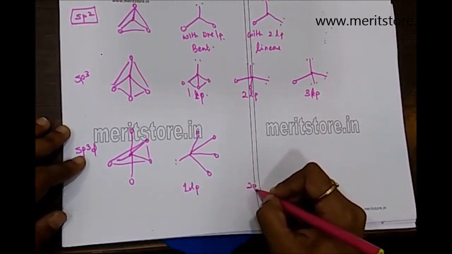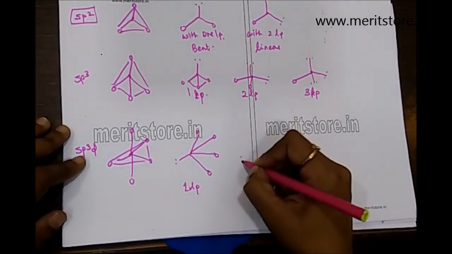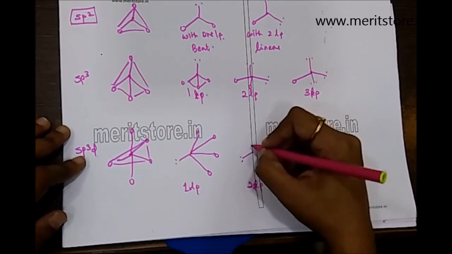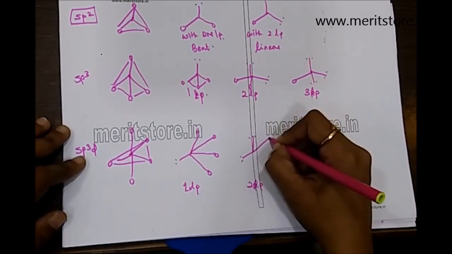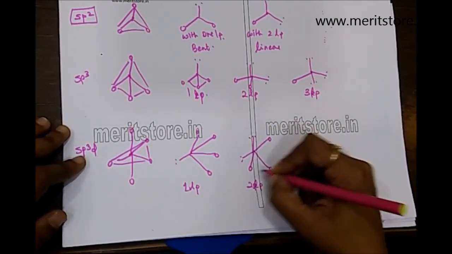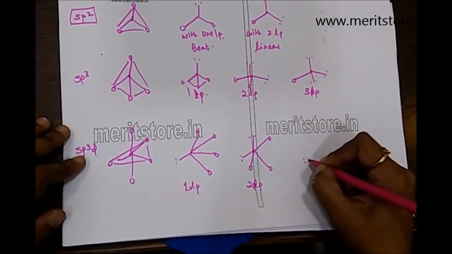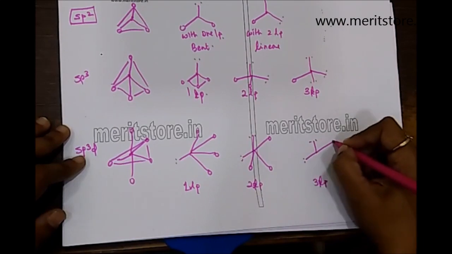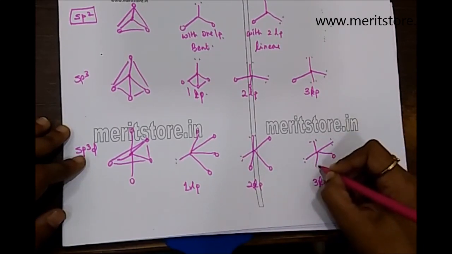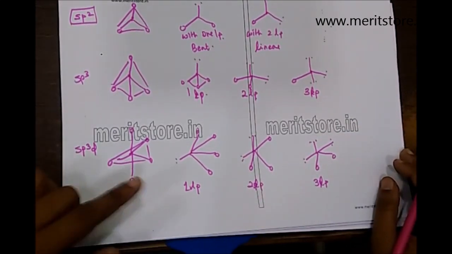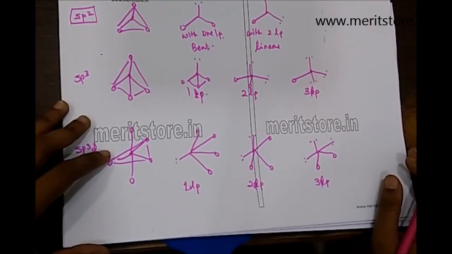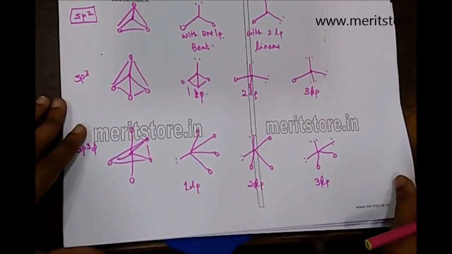Then if you have two lone pairs present, the geometry will be distorted to T-shaped. If we have 3 lone pairs present at this point, the geometry will be distorted to linear. So every time, due to the presence of the lone pair, there is a distortion in the molecule.